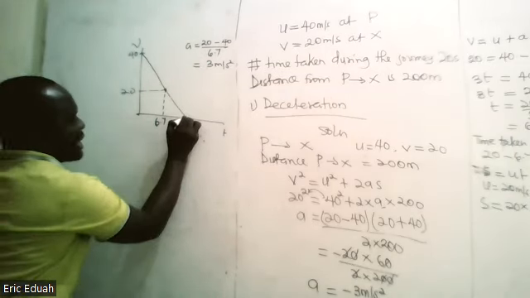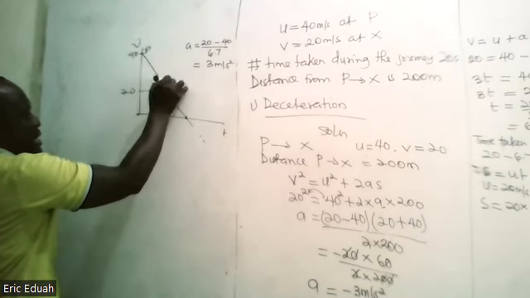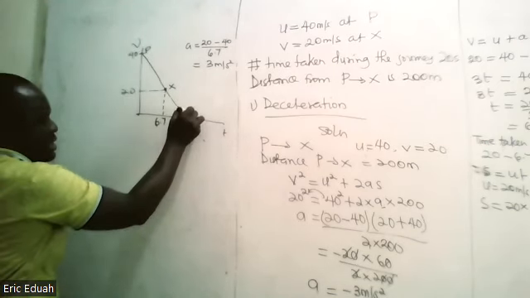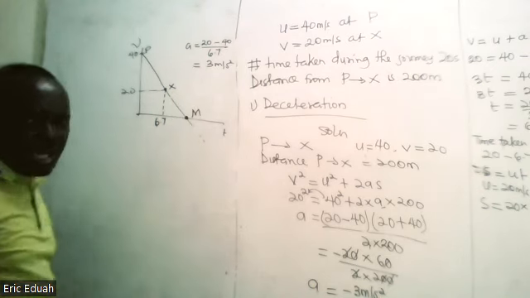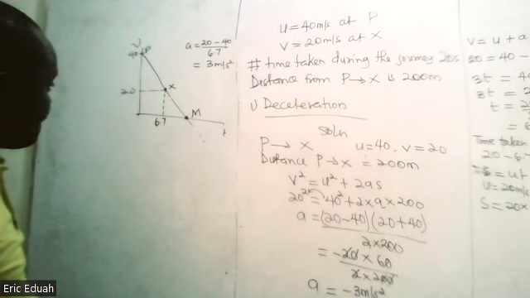This is P, this is X, this is M. Class, I hope you are with me. Are you with me? Yes, please.